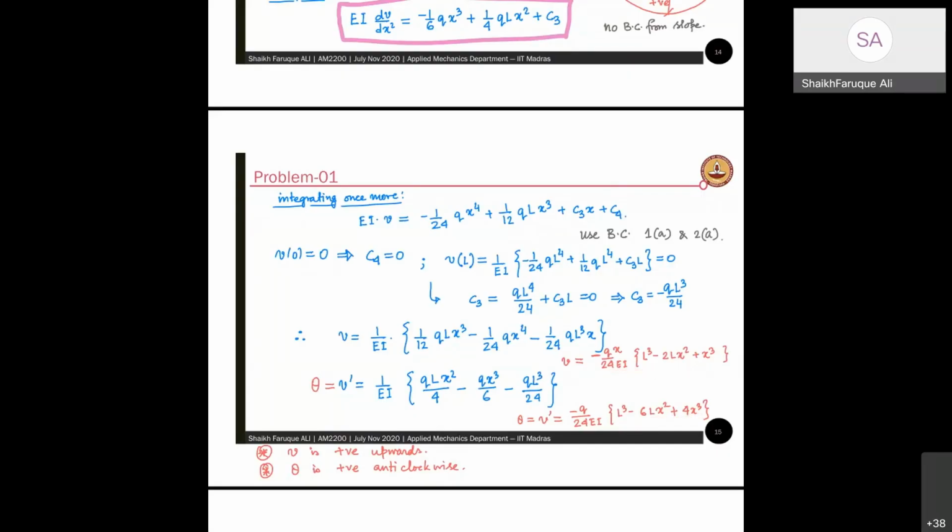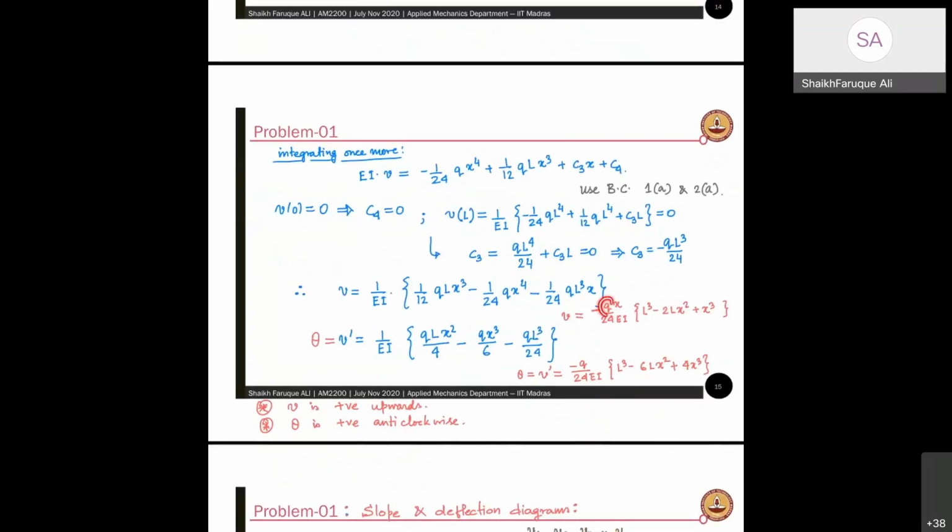Now you see the relationship: as you increase Q, your V increases. As you increase EI for the same Q, your V decreases. So V is inversely related to flexural rigidity.